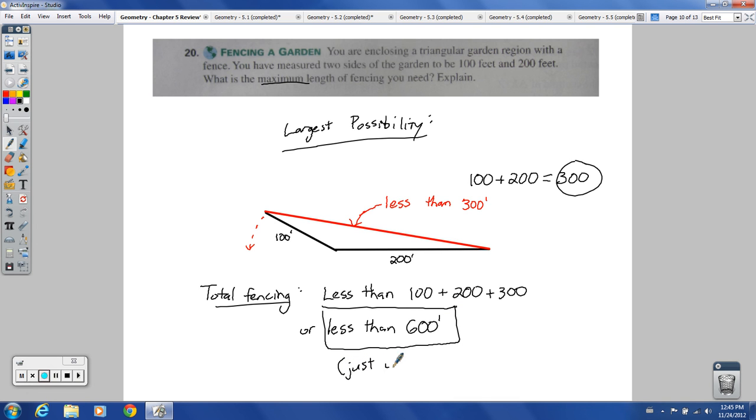I think a good way to think about that would be just under. So would you actually have to buy 600 feet of fencing? Yeah, probably. They're not going to sell you 599.999999 feet of fencing. You'll have to buy 600 feet of fencing, but the maximum length you would actually need would be just less than 600 feet.